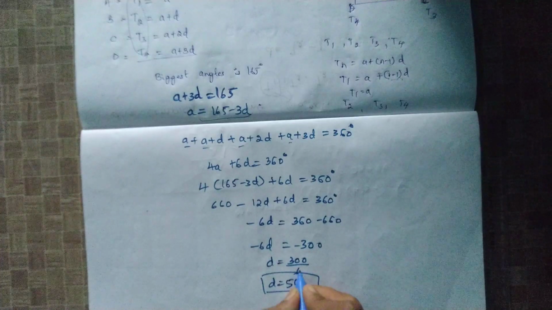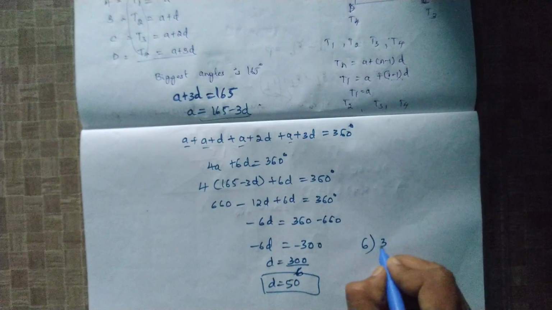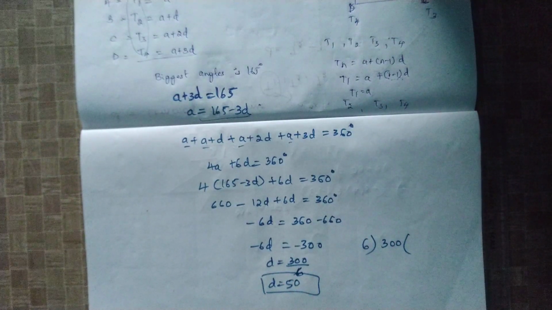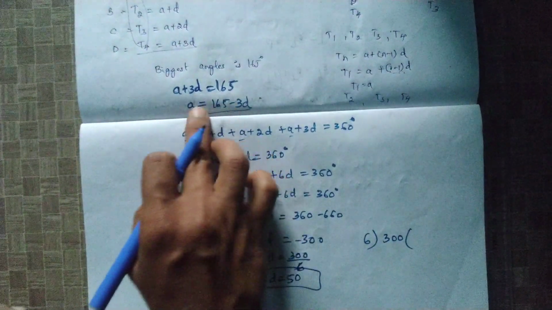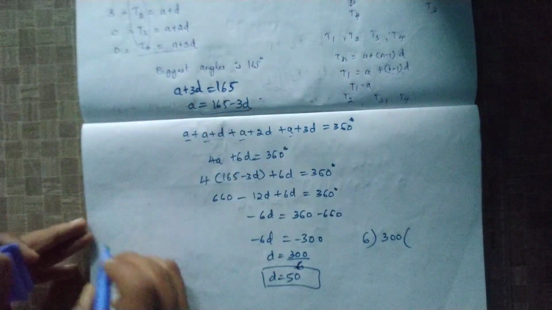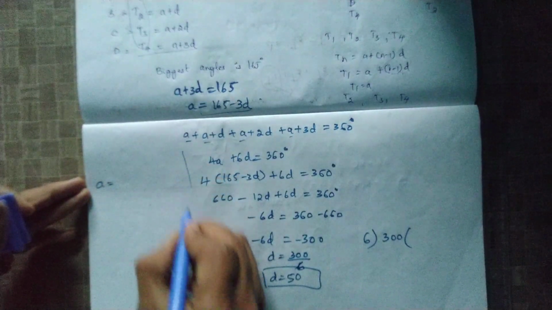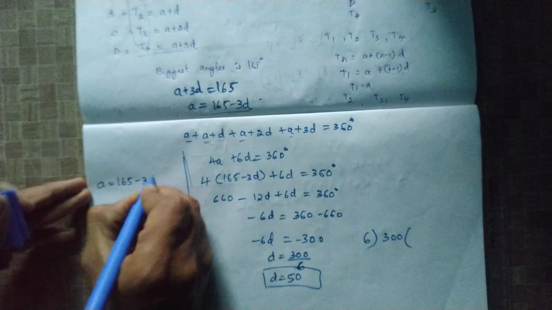If you want to know further how to divide, then you use this method and find the answer. Then we use this step to find the value of A. A is equal to 165 minus 3D.